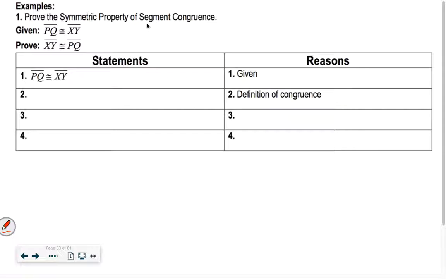So if PQ is congruent to XY, that was given to us. So we can say that PQ equals XY by the definition of congruence. We could then say, well, XY is equal to PQ, because we flip things around, right? So symmetric property of equality.